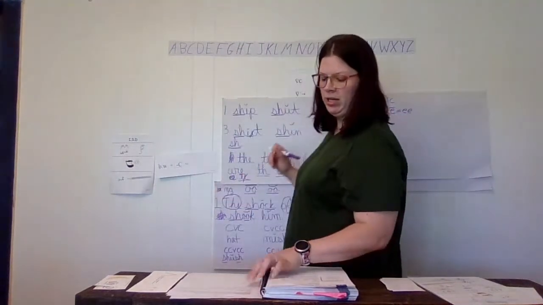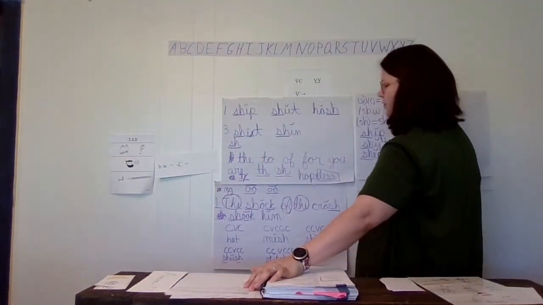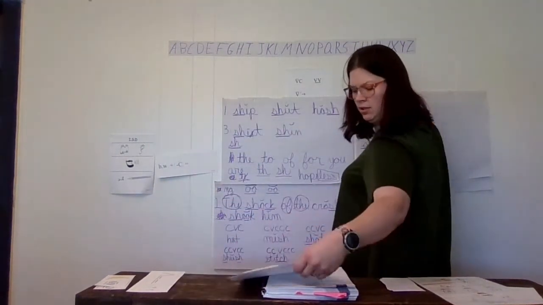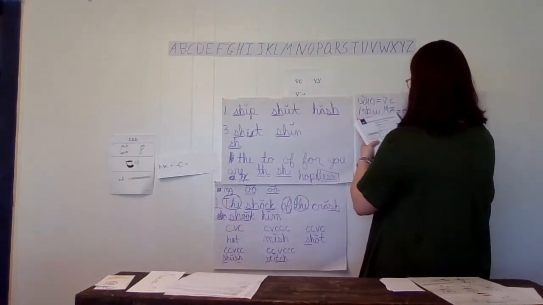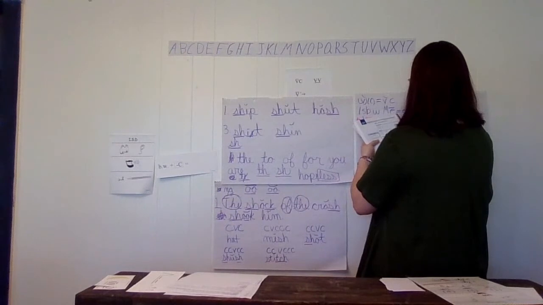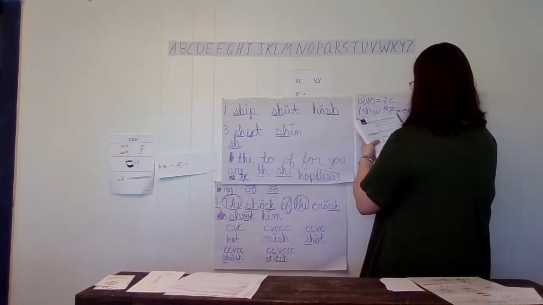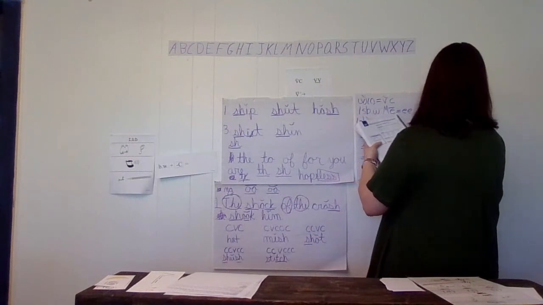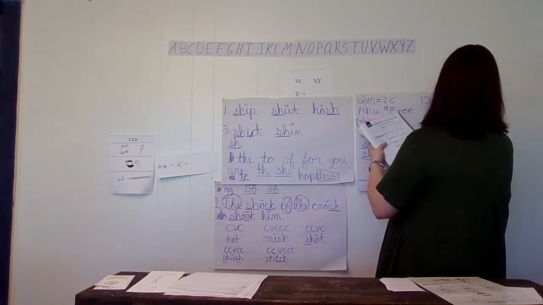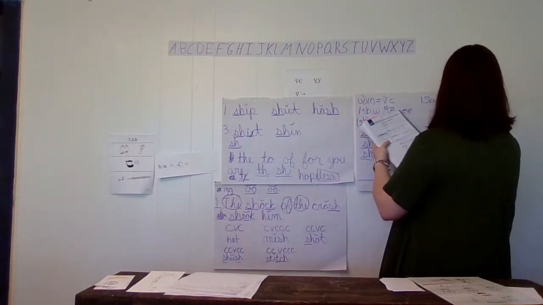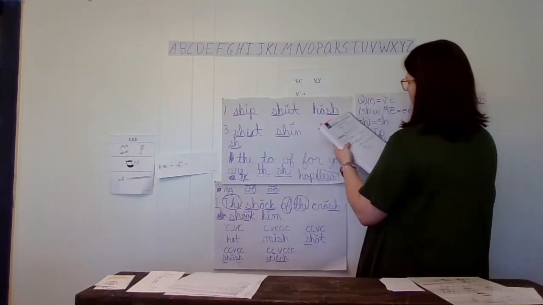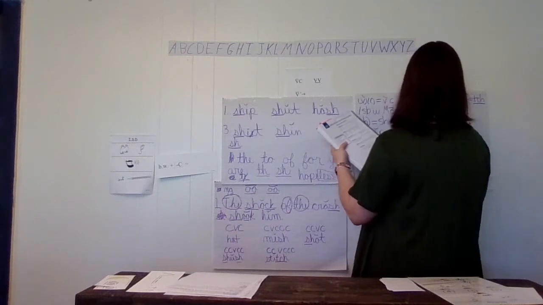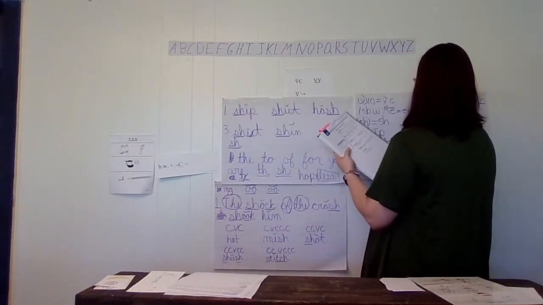And we know that if we have a one-syllable base word with a short vowel followed directly by a ch sound, we spell that as TCH, trigraph TCH, and we would underline it.